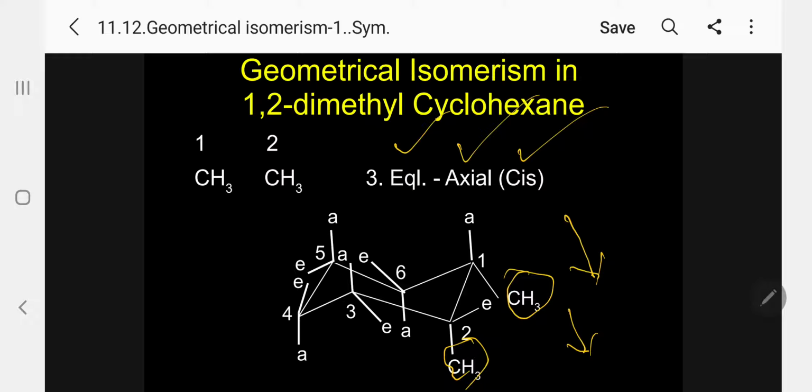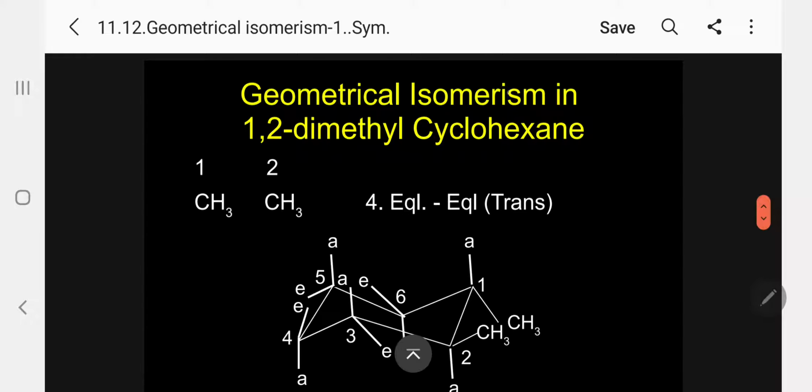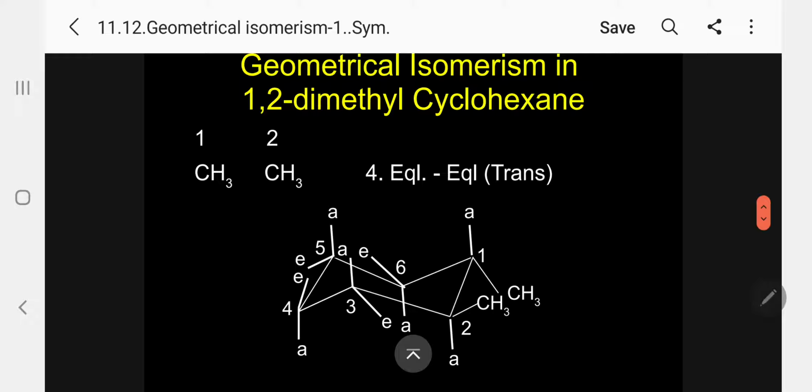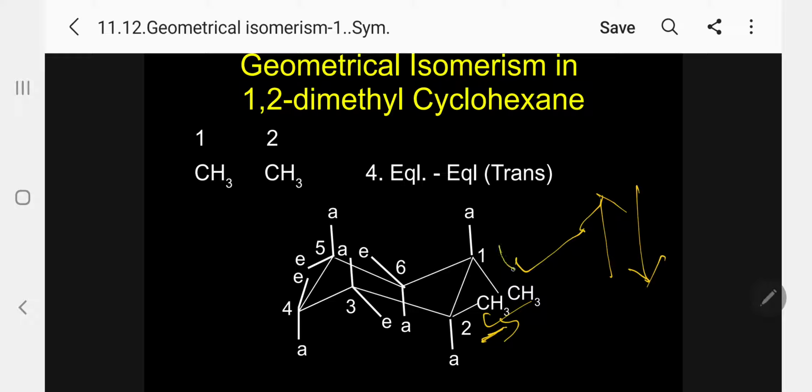So axial equatorial or equatorial axial, nothing but the same, so it is cis isomerism. And lastly, it is 1,2, both equatorial. Equatorial 1 means below, 2 means above. That means opposite direction, please follow. So again, trans.